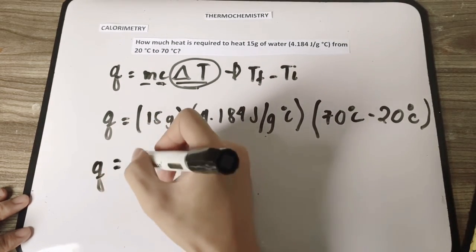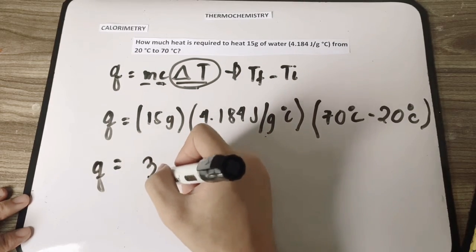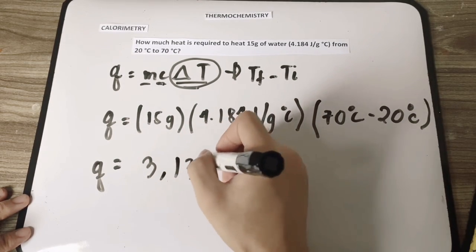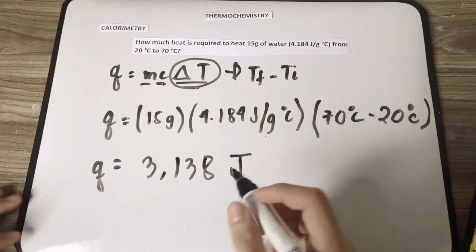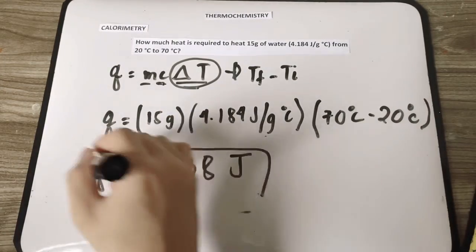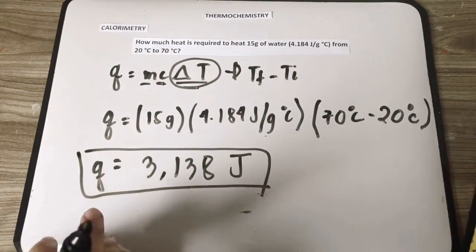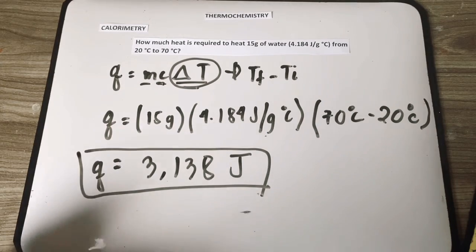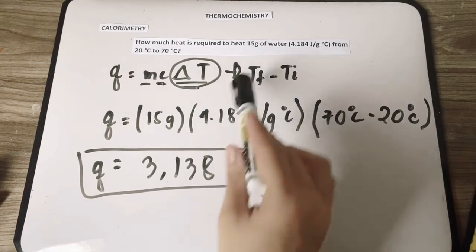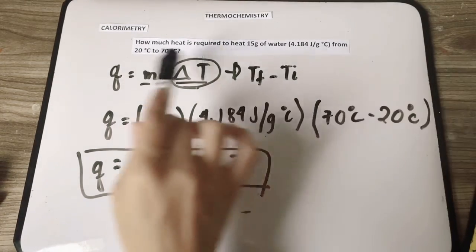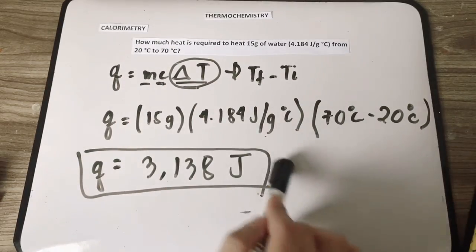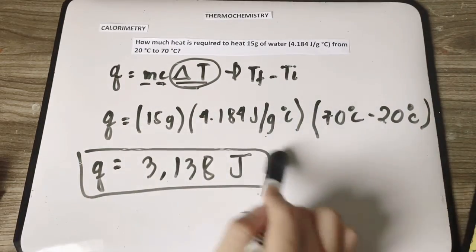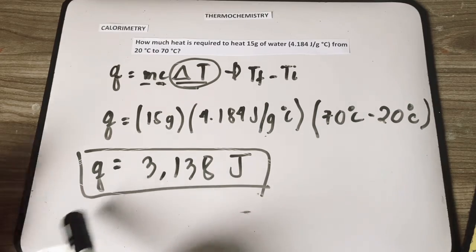We're going to multiply and this will give us 3,138 joules. And that is how much heat is required to heat 15 grams of water with a specific heat capacity of 4.184 joules per gram degrees Celsius from 20 degrees Celsius to 70 degrees Celsius.